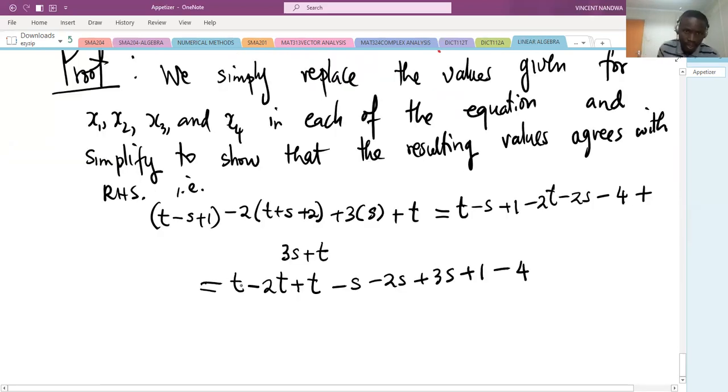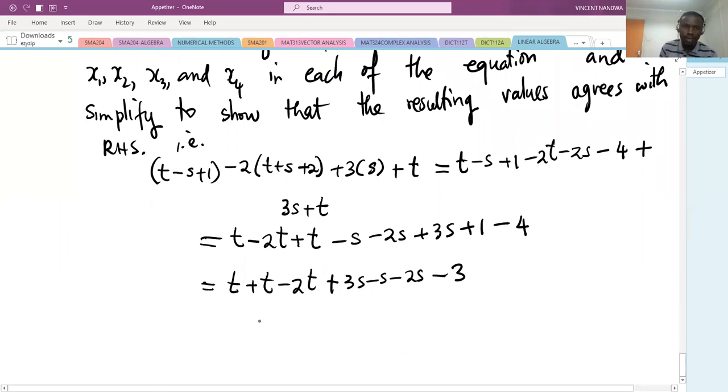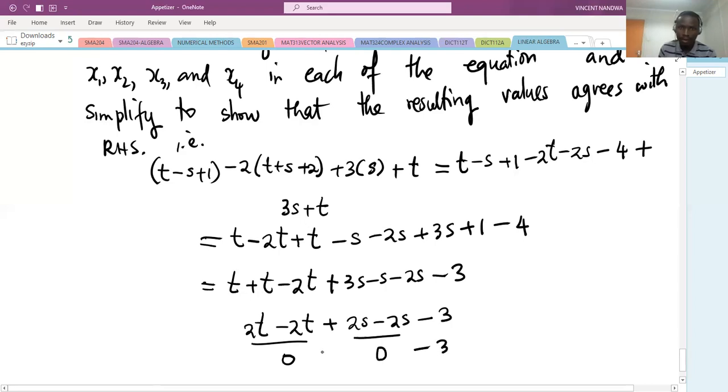And then you see t plus t minus 2t gives 0, plus 3s minus s minus 2s gives 0, and then plus 1 minus 4 is minus 3.